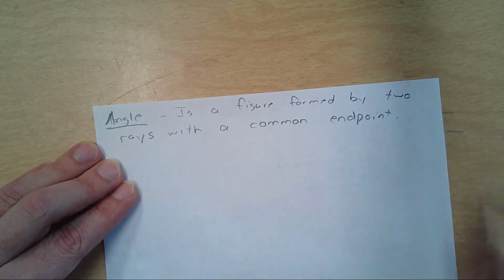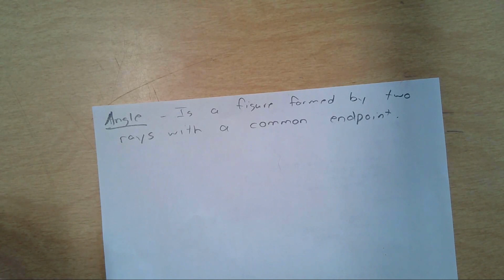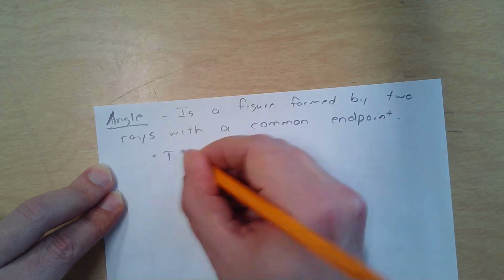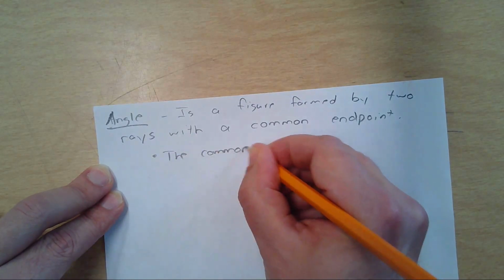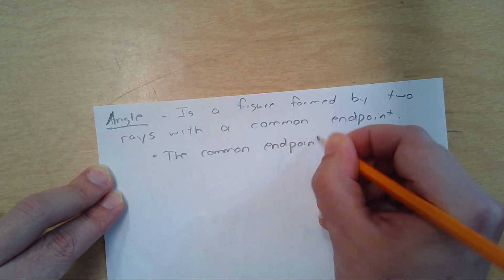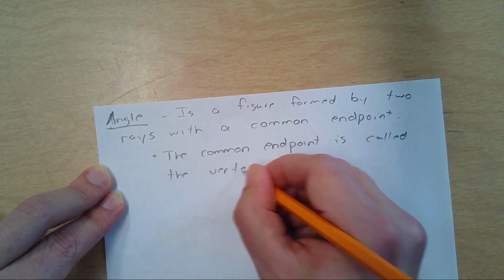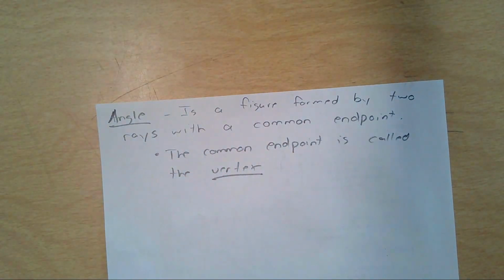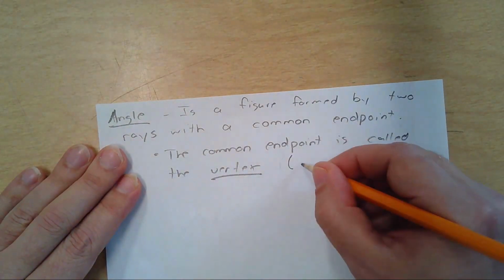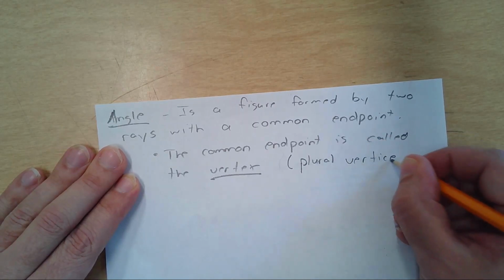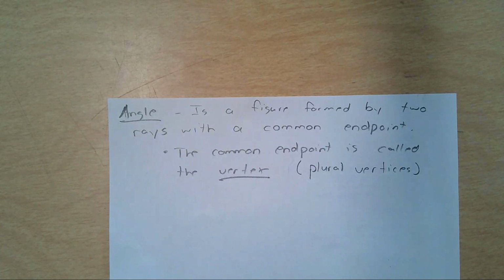And we're going to tie in another definition right now. A common endpoint is called the vertex. And there can be more than one, so sometimes you'll see the plural version called vertices. Depending on how many line segments and rays are going on here, there can be more than one vertex inside of an angle.